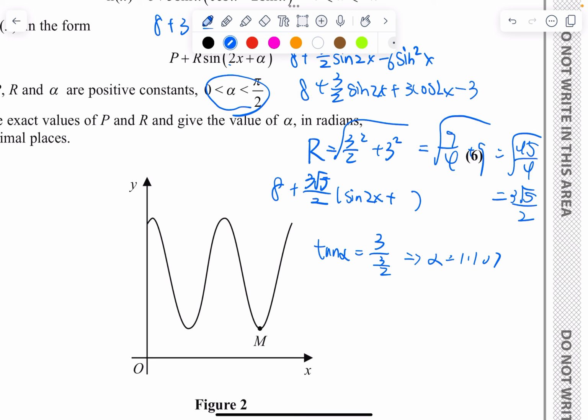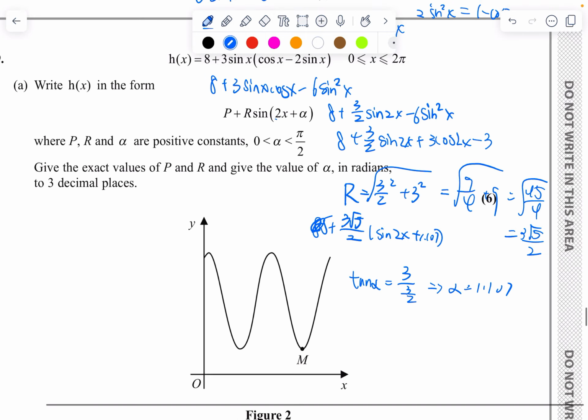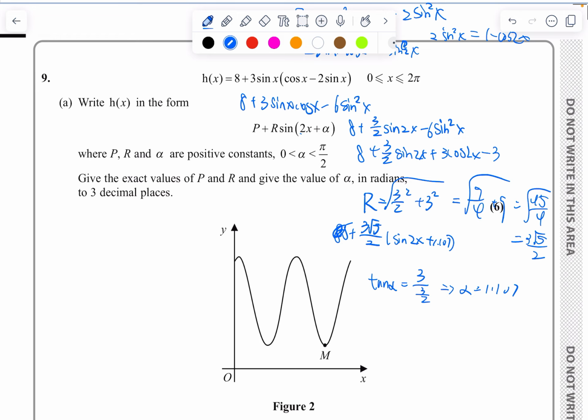Remember to use radians, by the way. 1.107. Then this is 8 minus 3, so that would be 5. And there we have it. There you go. That's part A done.